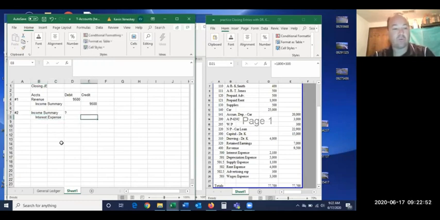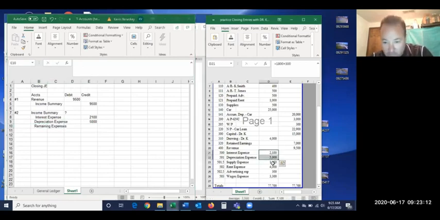So I would debit or credit my interest expense to get it to 0, and then credit my depreciation expense to get it to 0. Then you'll see what I'm going to do here. I'm just going to put remaining expenses, just so I type them all out. And if I total up the remaining, it shows it's $8,700.